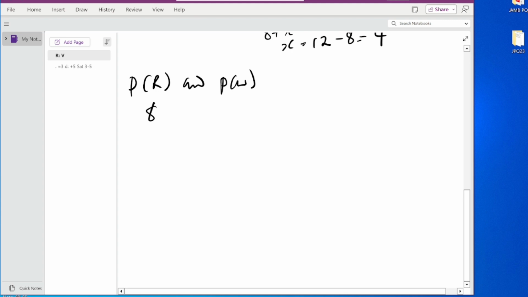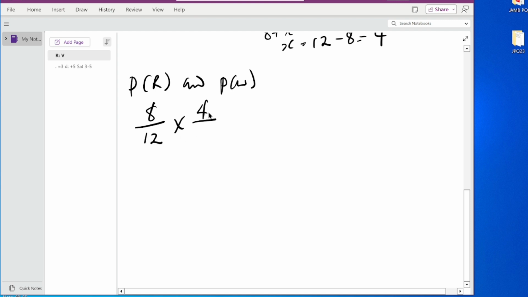You pick a red ball first. Red is 8 over the total, which we now know is 12, and then a white ball, which is 4. Since we picked a red ball first and it's without replacement, once a red ball is picked, our total left will be 11 because we picked 1 out of the 12.